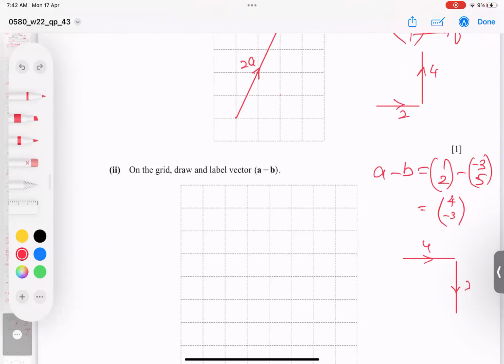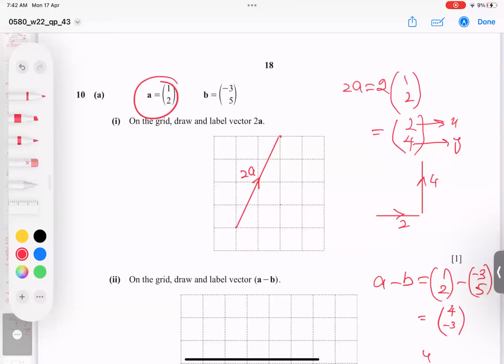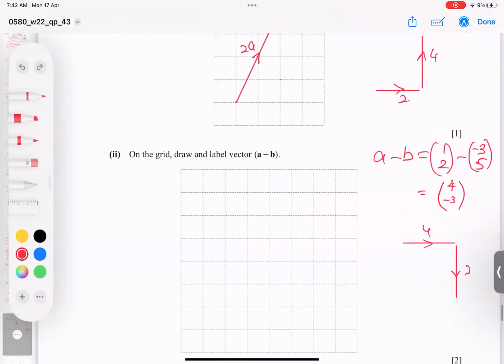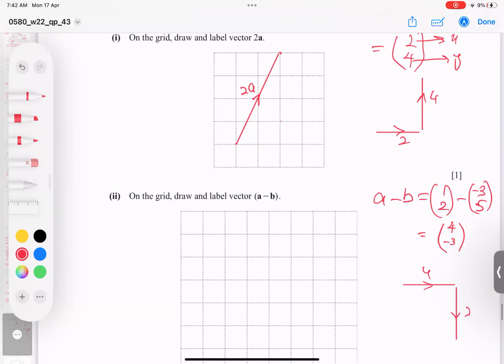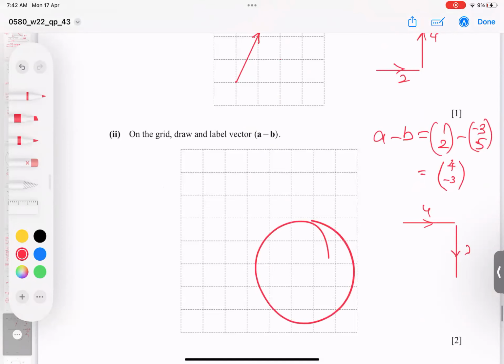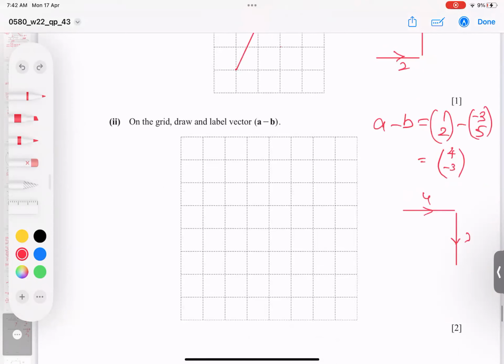But I will do the other way, starting from A, 1, 2. I know the reverse of B is 3 positive and 5 negative, so it will come this way and downward. Most probably I need the lower area. So let's start. First of all, A is 1, 2. I can start from anywhere, slightly from this portion.